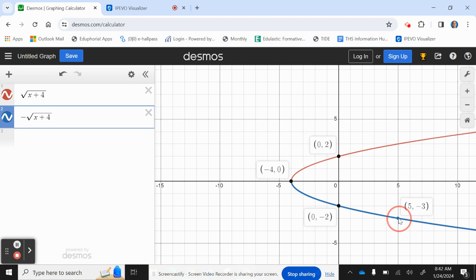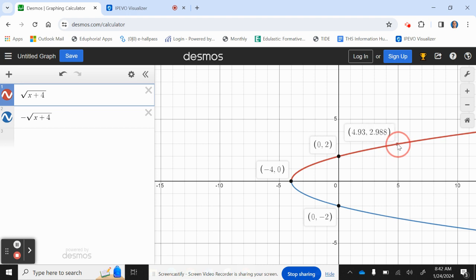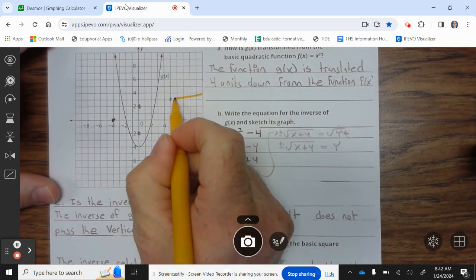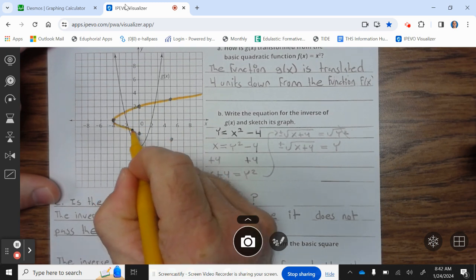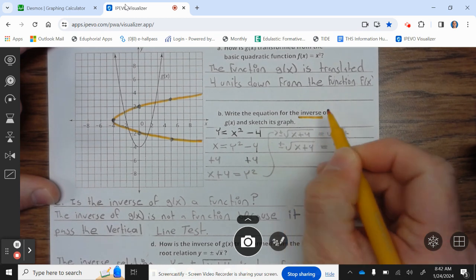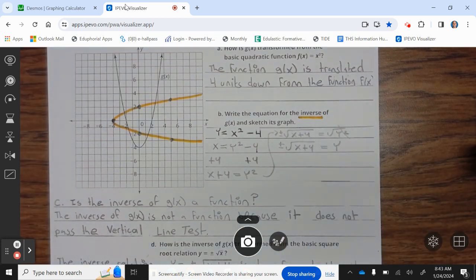We use (-3, 1) and (-3, -1). All right, go ahead and finish it up.